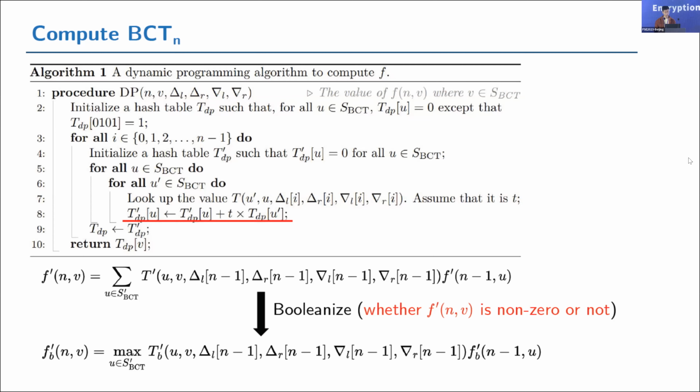If the value of t is 0, then we set tb to 0. With this modification, we obtain a new computation of f as the below one. This equation contains only Boolean operations. And this equation can check whether the function f is non-zero or not.